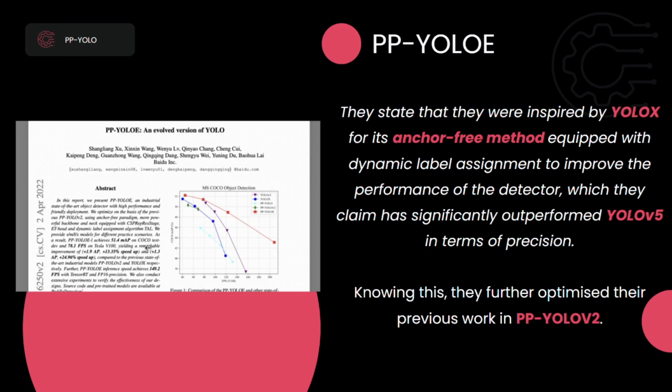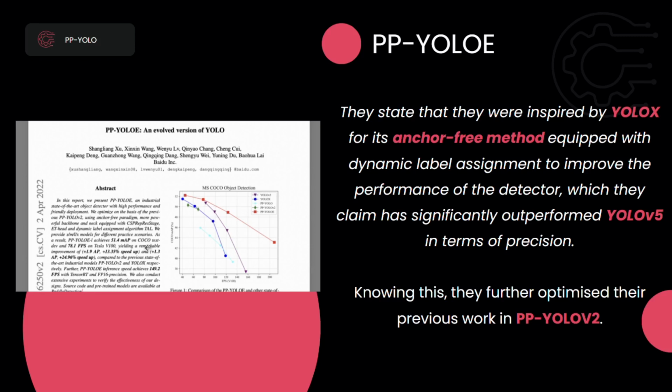As we have mentioned before, the PP-YOLO and PP-YOLOv2 models do not introduce any novel techniques which weren't mentioned in the previous versions of YOLO. They just slightly modified the backbone and used different types of training techniques in order to improve the performance of the model.